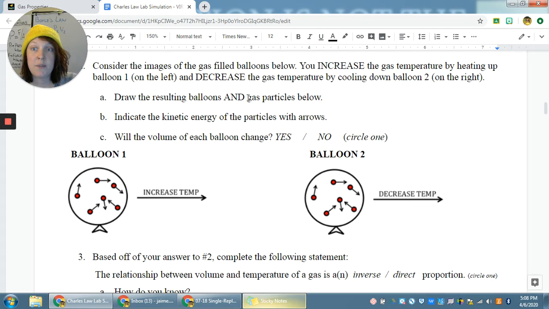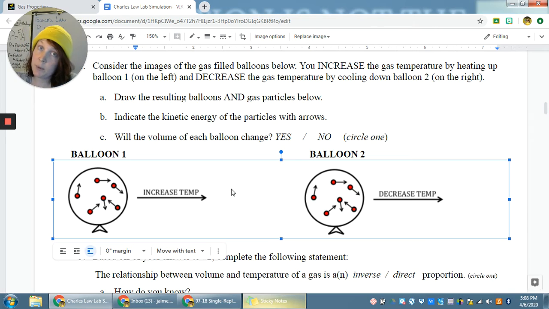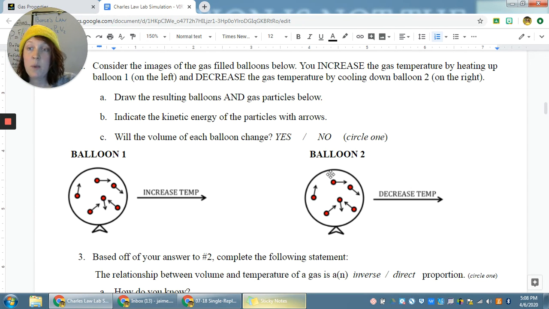Now, remember, as far as the number of gas particles go, think about, is there a hole in this balloon? The fact that we chose a balloon, is that a flexible or a rigid container? Okay, we have to do the same with balloon 2, but this time we are decreasing the temperature. So is this a flexible container? Is there a hole in this container?